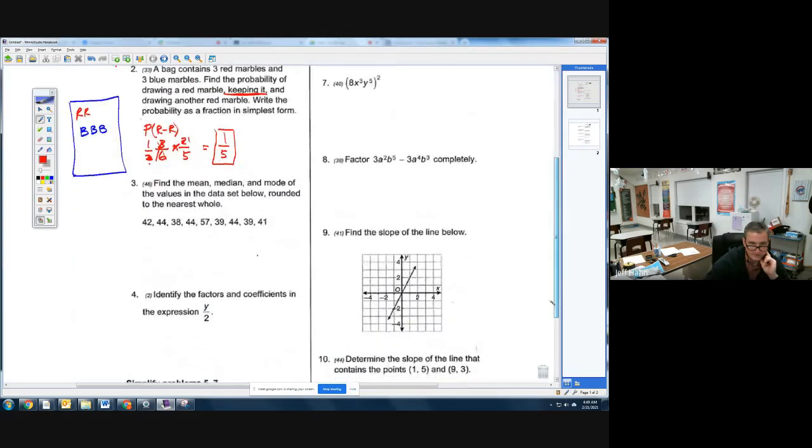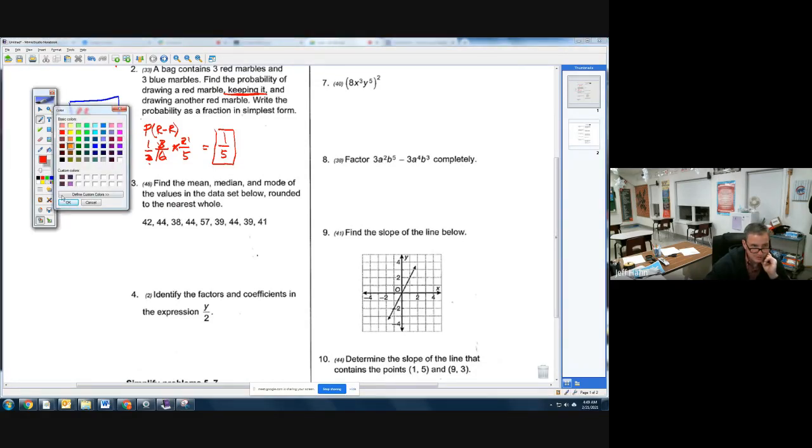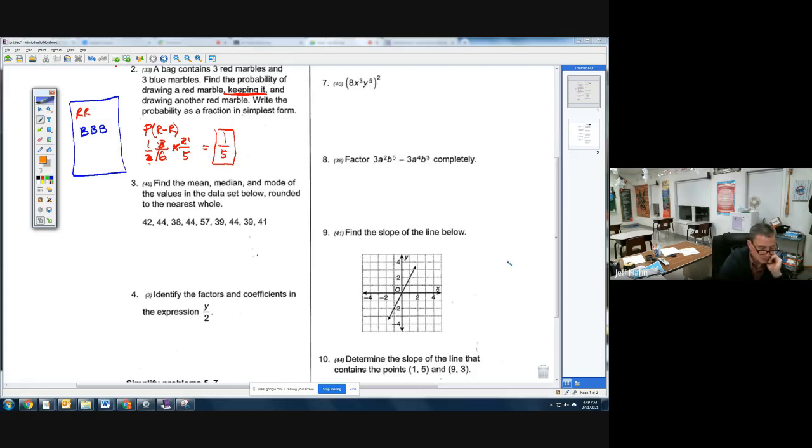Now moving along, find the mean, median, mode of the data set below, rounded to the nearest whole number. Well, let's see here. You're always instructed to put them in order from least to greatest, though you don't really need to do that for the mean, which is the average, but let's do that real fast here. We've got a 38.